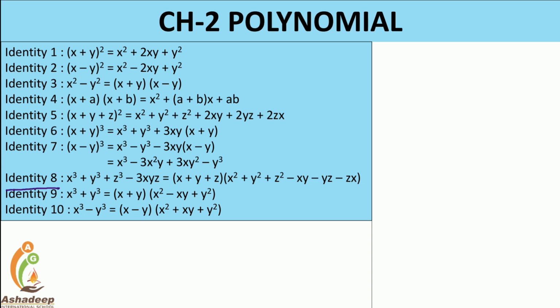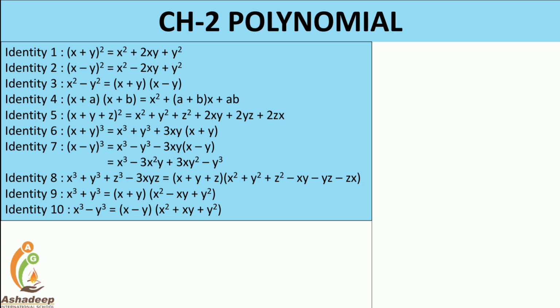Identity 8. x cube plus y cube plus z cube minus 3xyz is equal to x plus y plus z in bracket x square plus y square plus z square minus xy minus yz minus zx. x cube plus y cube: see here, this is the x plus y whole cube, and this is x cube plus y cube. This is the x minus y whole cube, and this is x cube minus y cube.